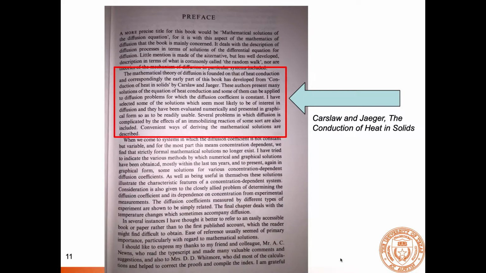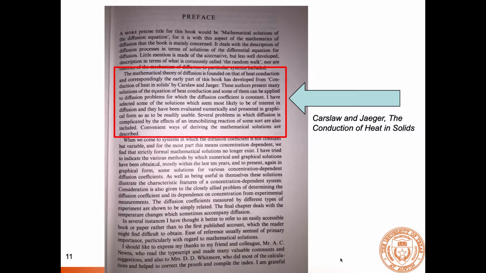And it goes hand in hand with another classic book in this area by Carslaw and Jaeger, The Conduction of Heat in Solids. And Crank says that in his analytical solutions for diffusion problems, he doesn't give all the possible solutions because a whole bunch of them are also reported in Carslaw and Jaeger's book.